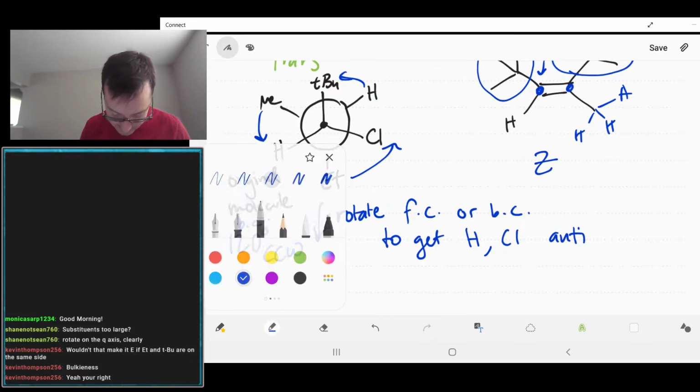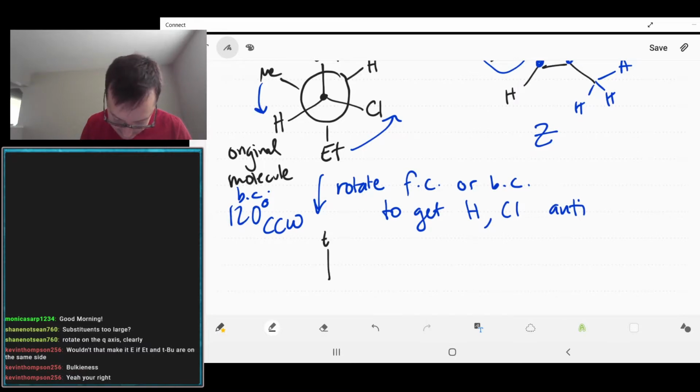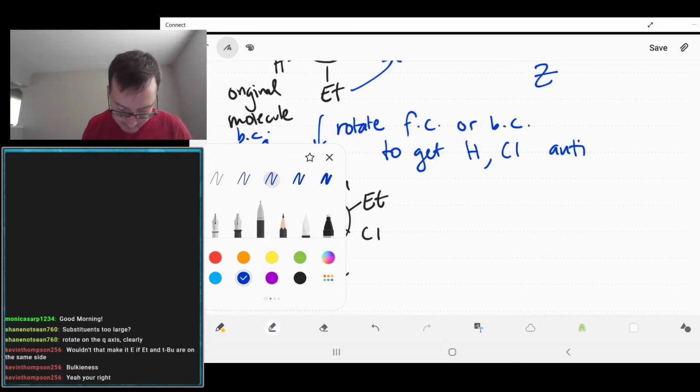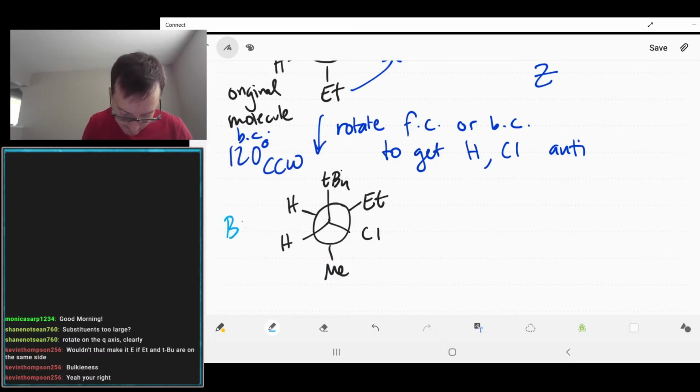No, still useful. So if we rotate it, our T-butyl group stays up. Actually, everything on the top stays. We now have our H on the left. We've got our methyl group down. We've got our ethyl group here. So when we eliminate, our base comes in. We eliminate.